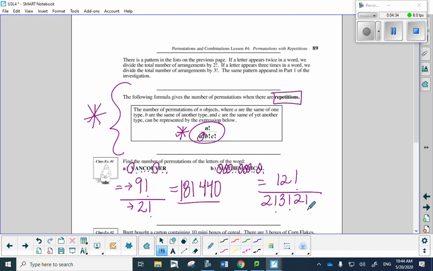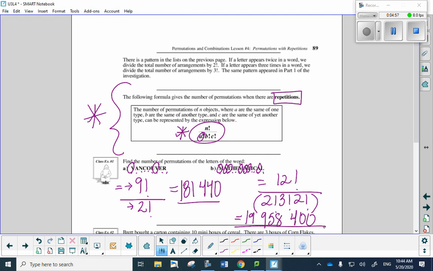What I would recommend you do is make sure you put brackets around everything in the denominator, because if you don't use brackets, you might get a different answer. So again, you simply plug this into your calculator. When we plug this into our calculator, we're going to get 19,958,400. And it's as simple as that.